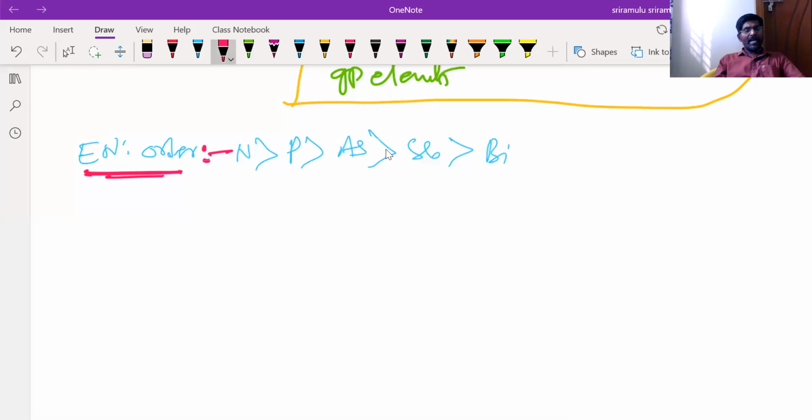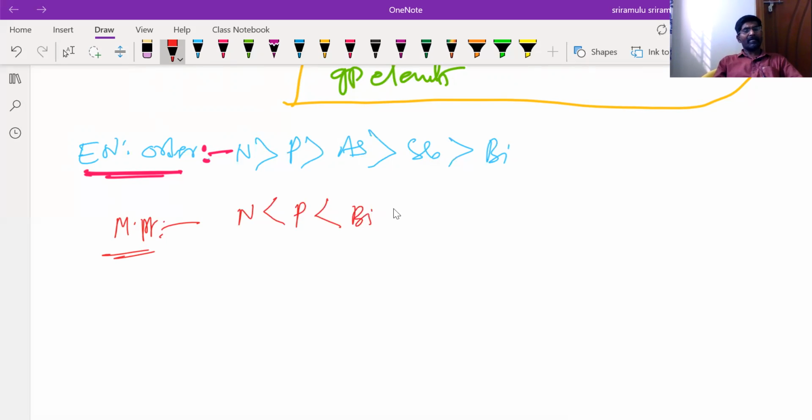Arsenic has greater electronegativity than antimony, which has greater electronegativity than bismuth. Students, the next property is the melting point and boiling point order. Melting point of nitrogen is less than phosphorus, which is less than bismuth.